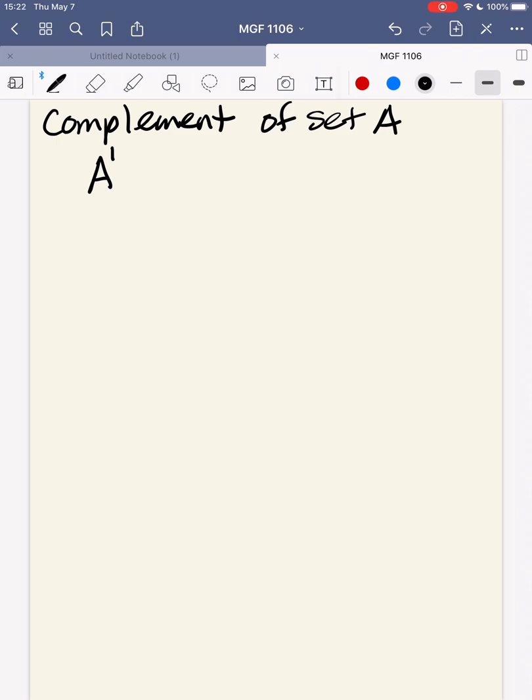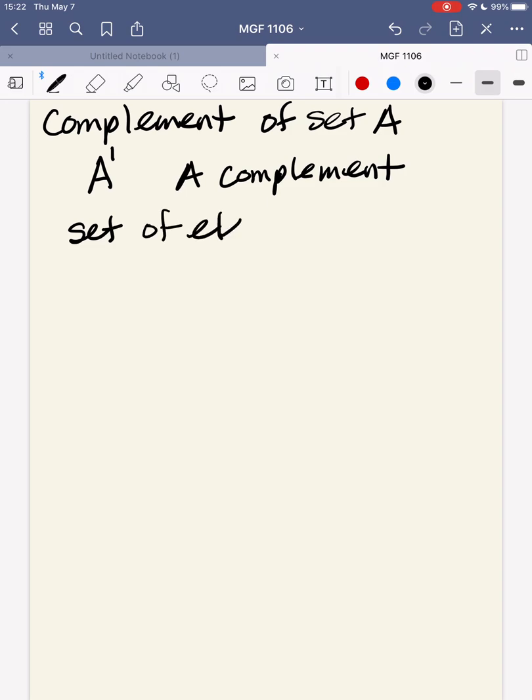And so this is a complement. These are the set of elements that are not in A. Okay, so anytime you see that complement, you're looking for everything that's not in A.